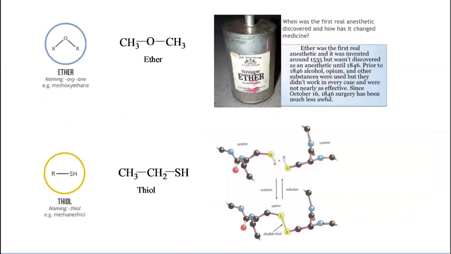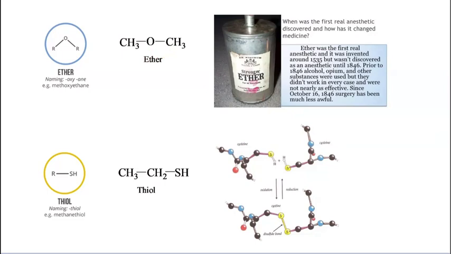The next functional group that we have is an ether. In an ether, the oxygen atom on either side must contain carbon chains. Here we have an example of an ether. We have an oxygen atom connected to a methyl group on either side.